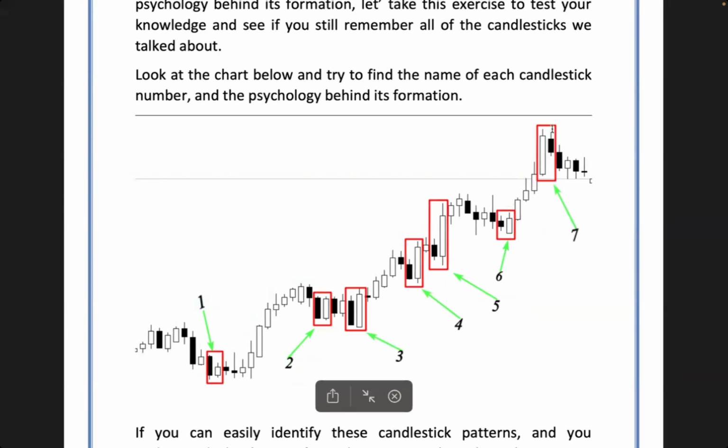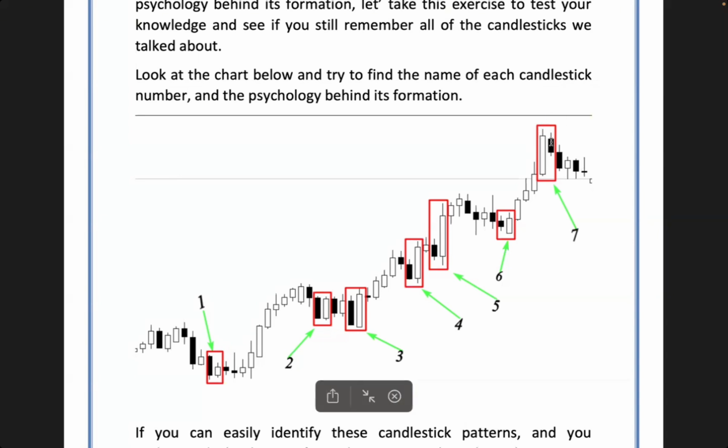So the harami, like I was saying, usually indicates reversal or continuation. Here we have bullish candles stacking back to back, which means buyers were in control. Then this retracement, this little sell, happened. Before it happened, what will usually tell you it's going to happen? The candlestick patterns, or sometimes other confluences, other tools.